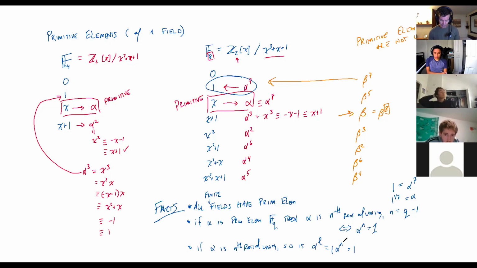So if I raise this to the L and I raise that to the L, then I also get alpha to the n to the L equals 1 to the L equals 1. So what I'm saying is that all of these field elements then become nth roots of unity in that field, because all of the field elements are gotten to by raising alpha, these primitive elements, to various powers.